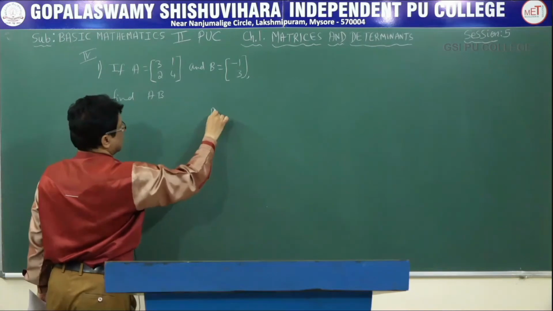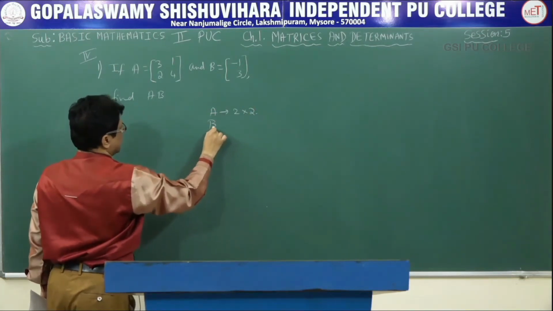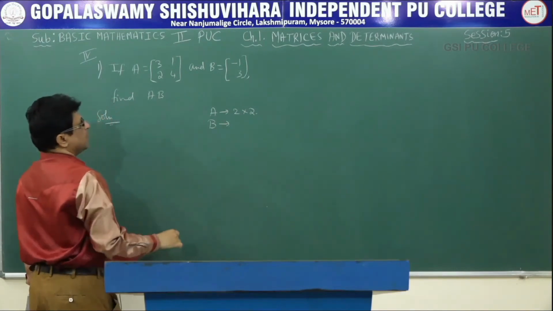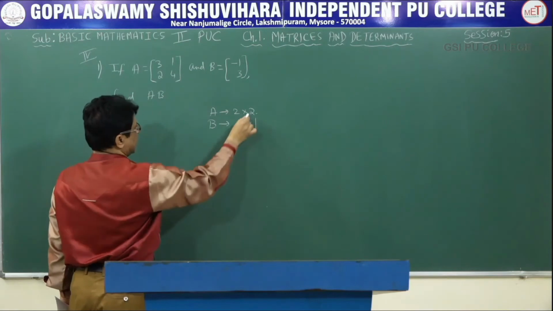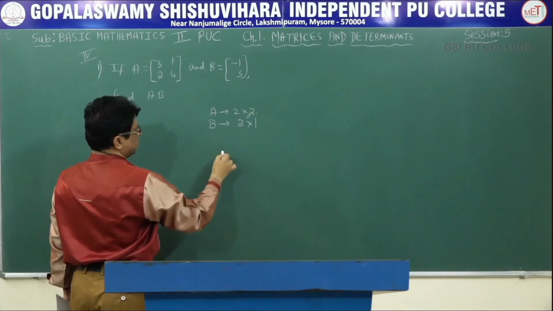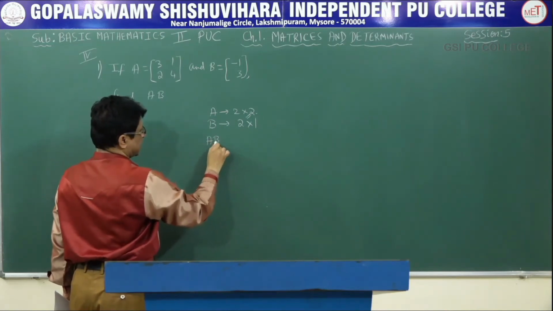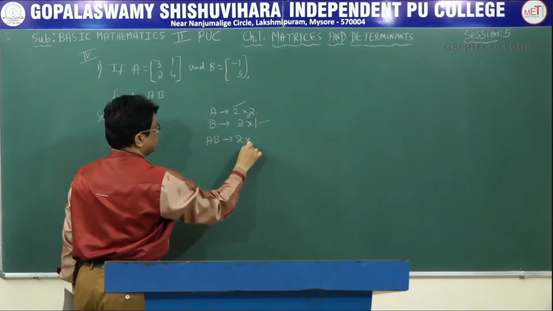So here matrix A is of the order 2 into 2. Matrix B will be of the order 2 into 1. So here the number of columns in A will be equal to number of rows in B. Therefore, the product matrix AB will be of the order 2 into 1.